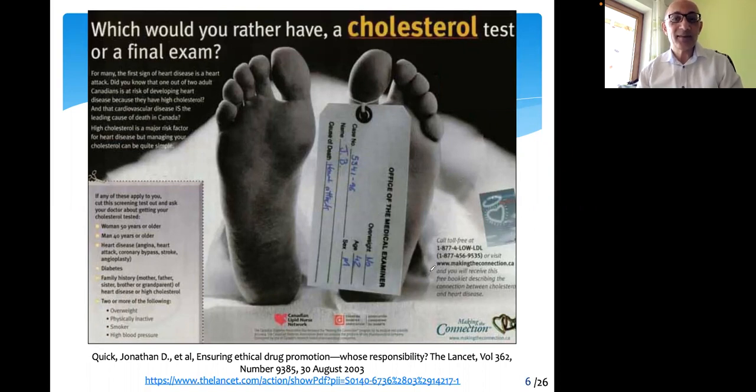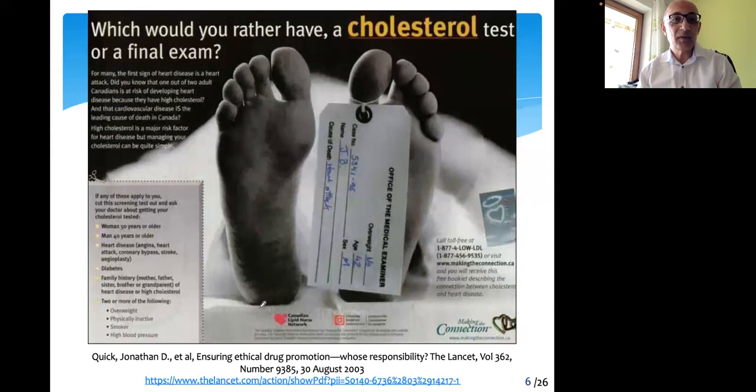Final exam is the examination after death, of course. So this billboard ad was criticized a lot. It was published in Canada and in some other countries.